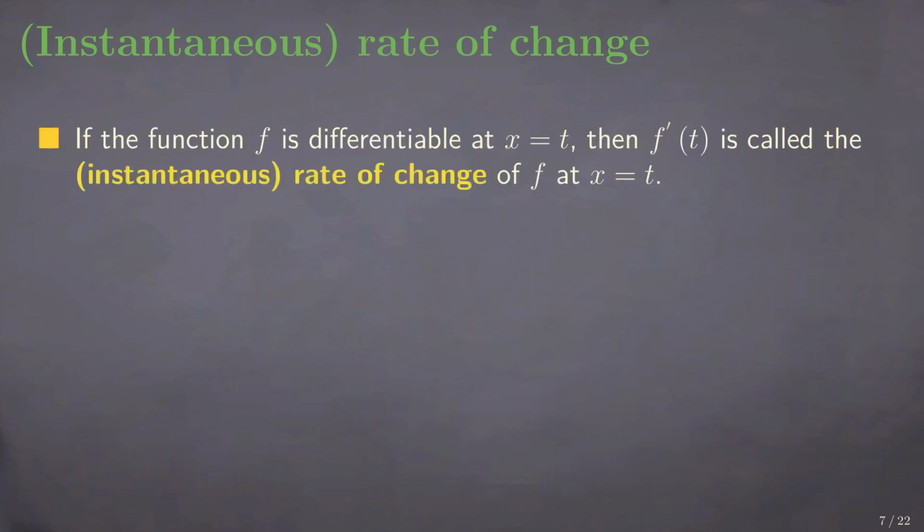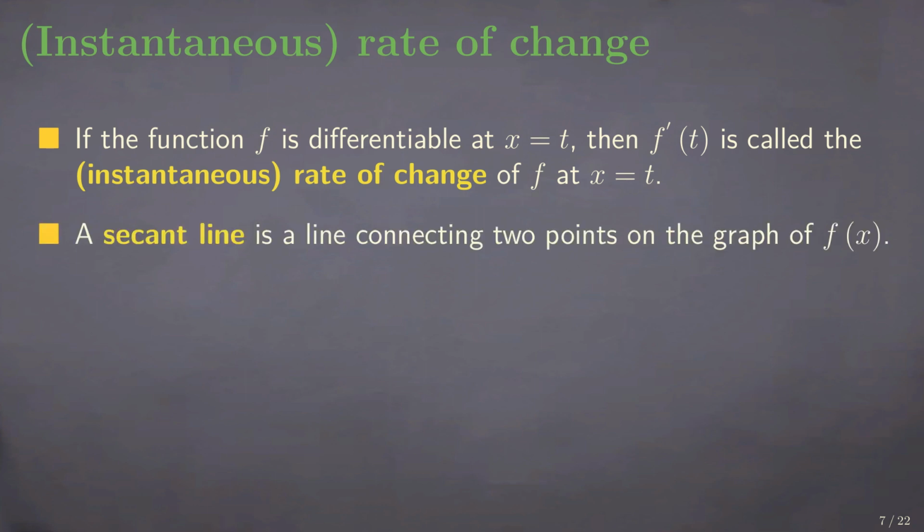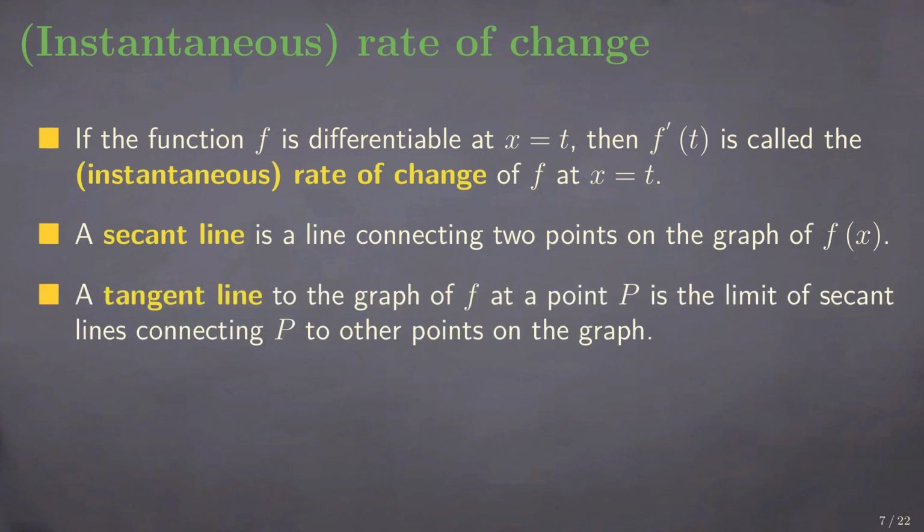Now come the reverse definitions. If the function f is differentiable at x equals t, then f prime of t is called the instantaneous rate of change of f at x equals t. Let me also recall that a secant line is a line connecting two points on the graph of a function f, and a tangent line to the graph of f at a point P is the limit of secant lines of the graph connecting P to other points on the graph.